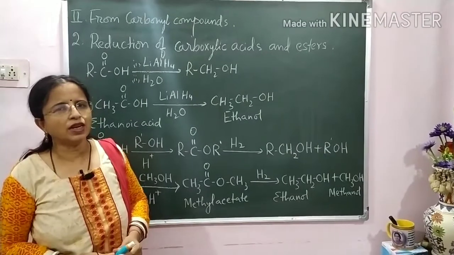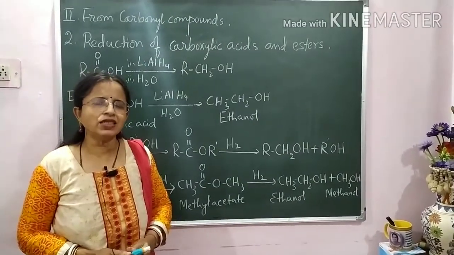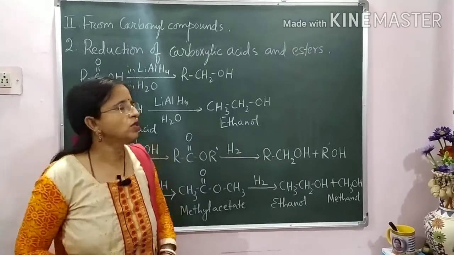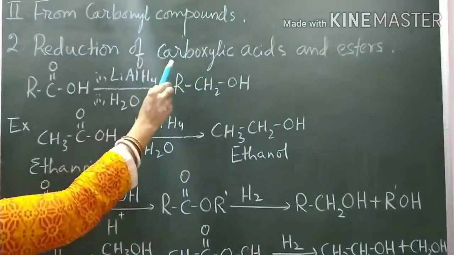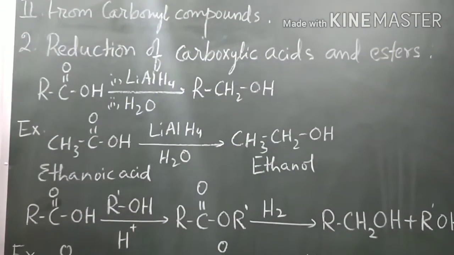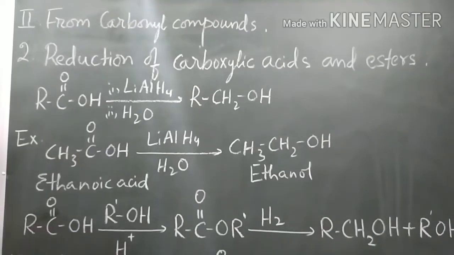Now let us take up how carboxylic acids and esters are converted into alcohol by the reduction process. Reduction of carboxylic acid and ester can also give rise to primary alcohol. By this method we cannot make secondary alcohol.